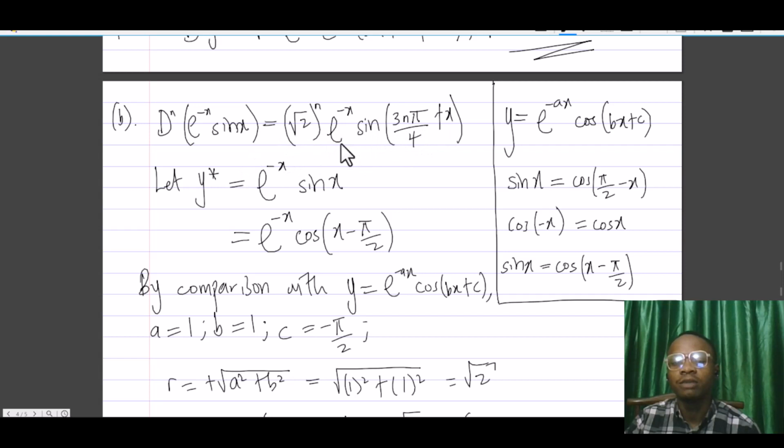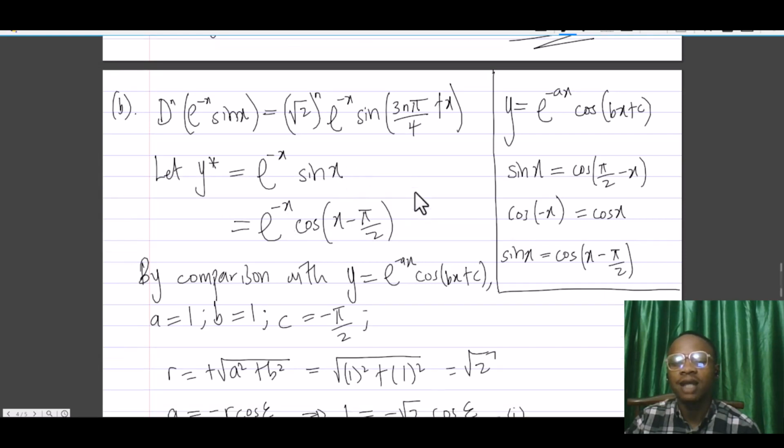But we have already established that sine x is the same thing as cos of x minus pi over 2. So we can just let go of this. If we have cos and minus pi over 2, we can let go of the minus pi over 2, and what we have left, we take the sine of it.